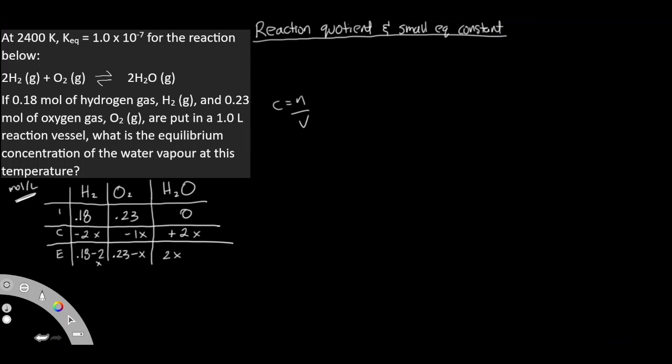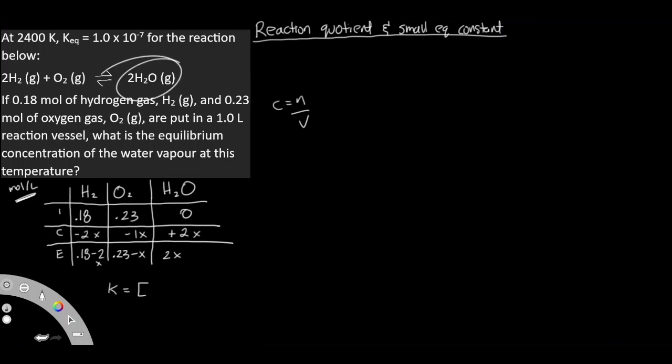Alright, now let's put them all into an expression, because with an expression we'll be able to figure out the equilibrium concentration of just water vapor. Not all the reactants and products, we're only looking for water vapor, so we still have to use an expression. So let's put just K, because this is our temporary equilibrium constant. And then we have to look at our products over the reactants.